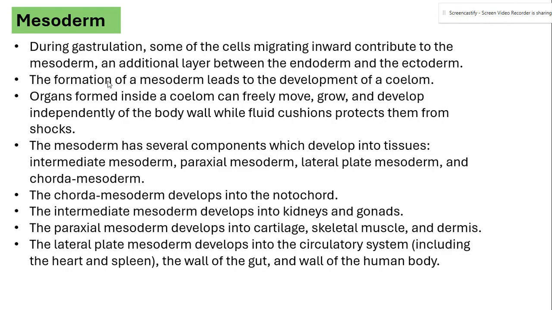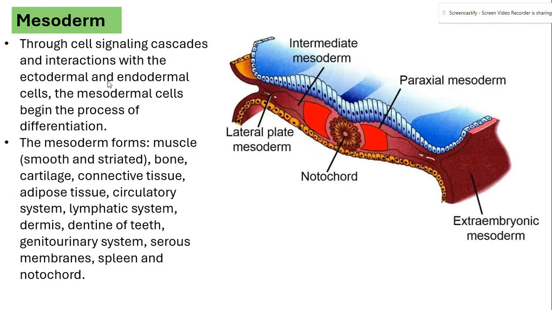So mesoderm is a very important part because, as you can see, a lot of organs are developing. Skeletal muscle is developing. Imagine not having skeletal muscle. Yeah, imagine not having a dermis. Imagine not having cartilage, okay? Imagine not having a wall of gut, and imagine not having a heart and a spleen. There's no point in being a human, okay?